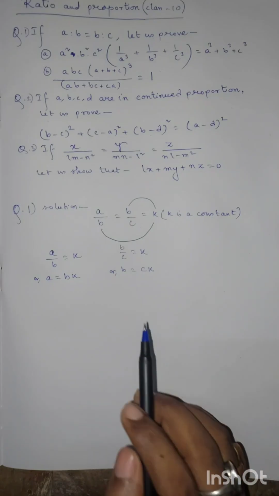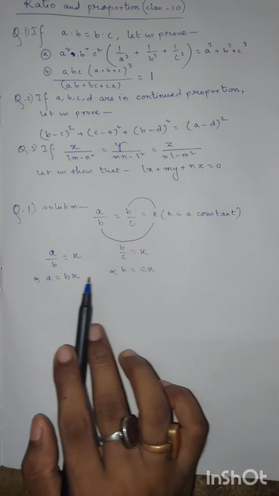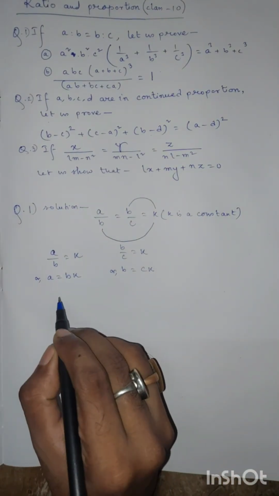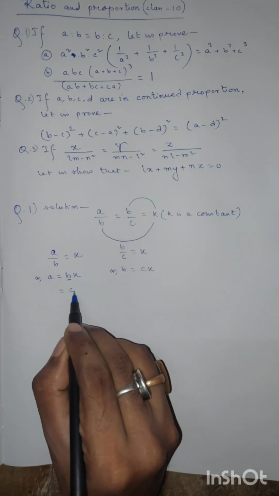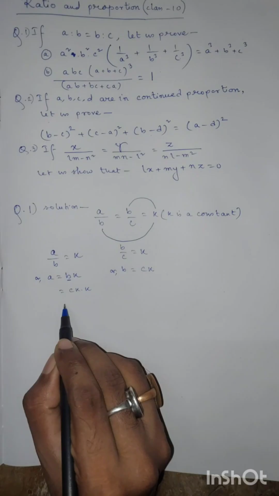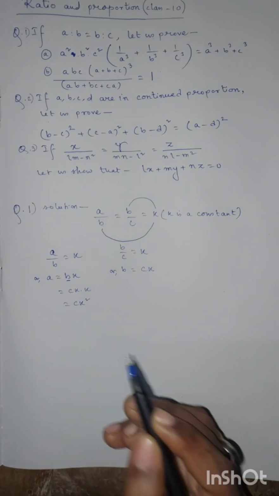Now if we put the value of b in the first relation, in place of b we can write ck. So it becomes ck into k, that means ck square.